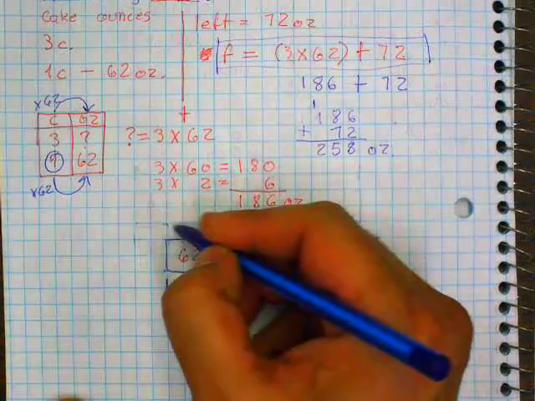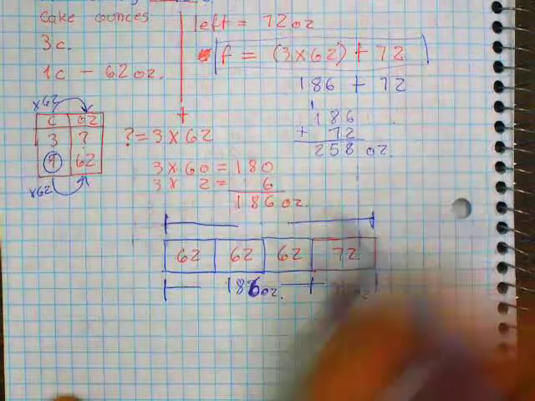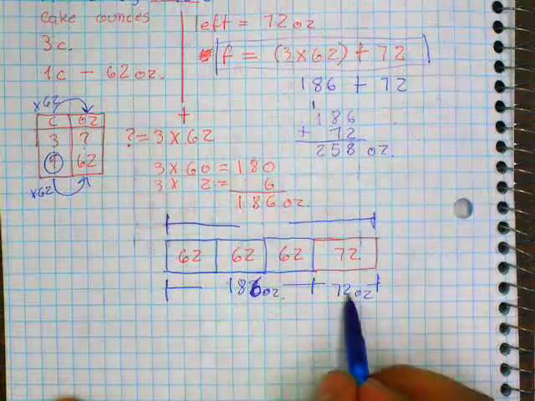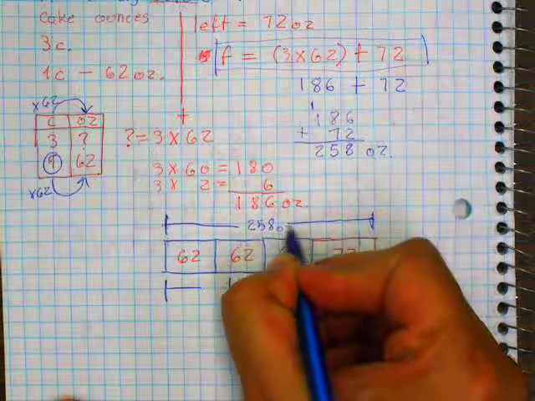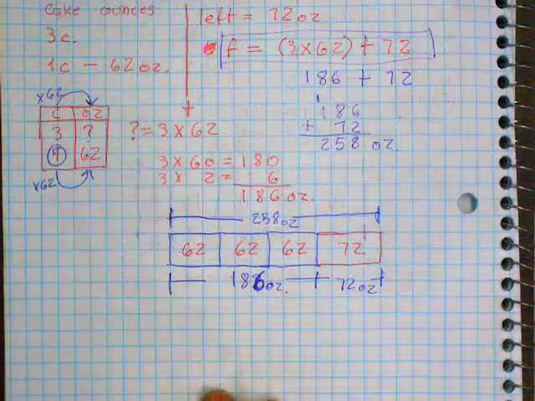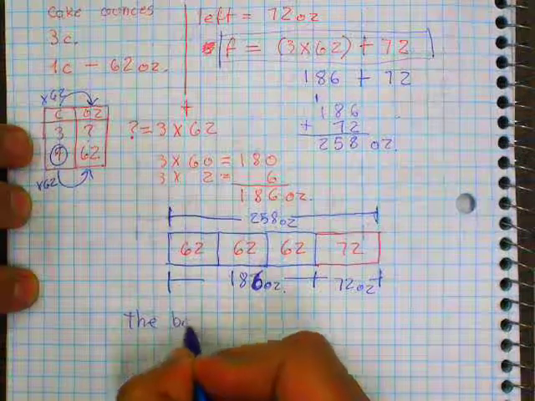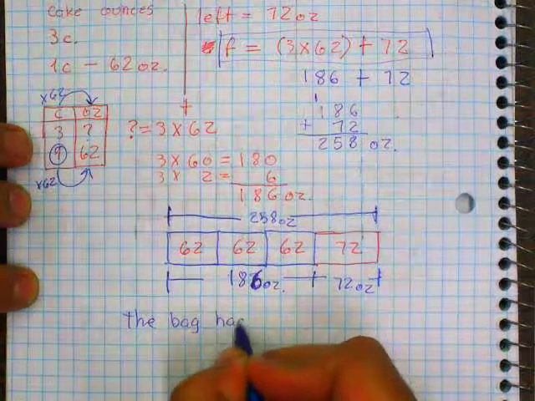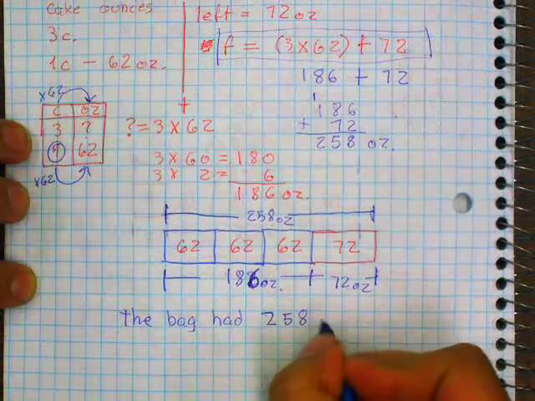So the total, everything together, is 186 plus 72, which is 258 ounces. So the bag had 258 ounces.